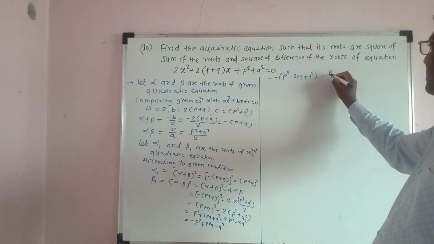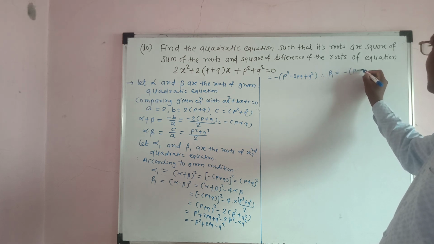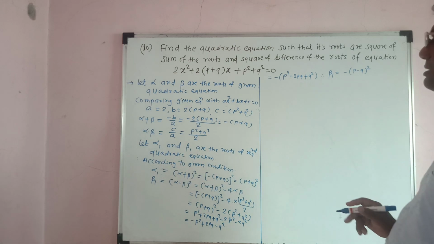Therefore, beta 1 is equal to -(p - q)².